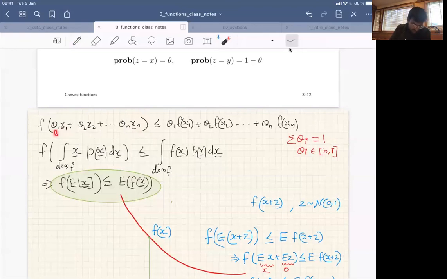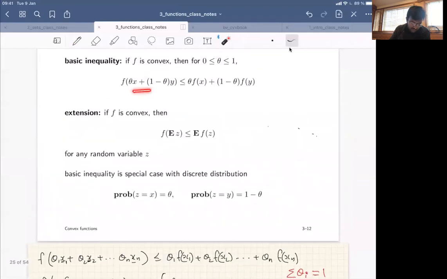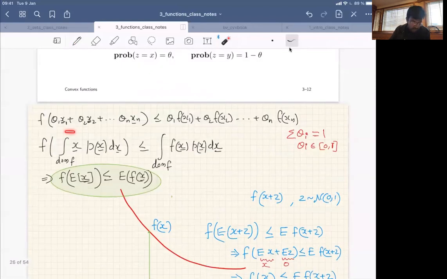So we have theta i's. This should be less than or equal to this guy here. But the only condition is that the theta i's should add to 1, and each should be between 0 and 1. So this was the case where we only have 2 points. Here we have n points. Now the moment you see this, one picture that may come to your mind is, okay, you have some variable which adds up to 1 and takes values between 0 and 1.